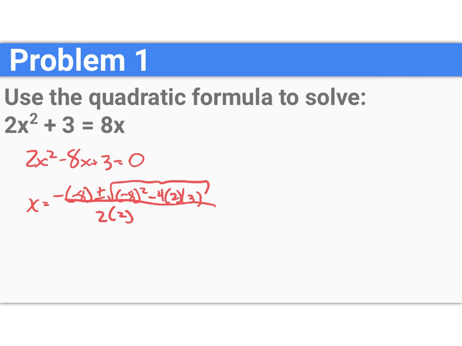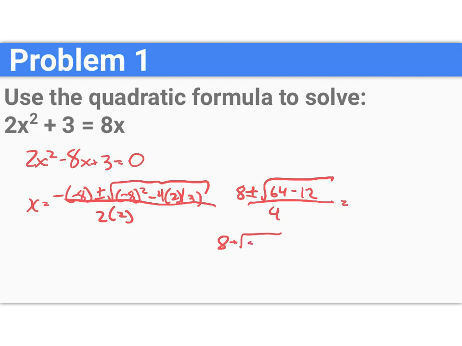Okay, so 8 plus or minus the square root of 64 minus 12, all over 4, equals 8 plus the square root of, what's that, 56?